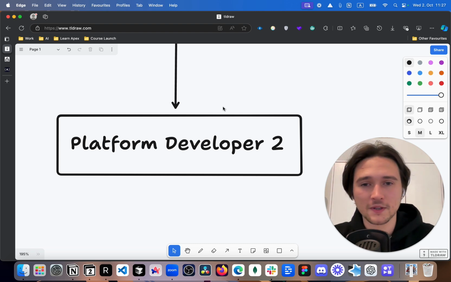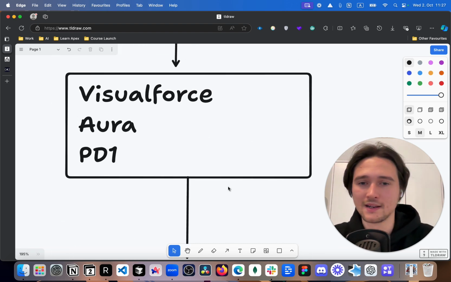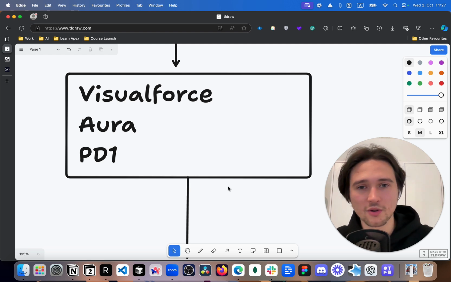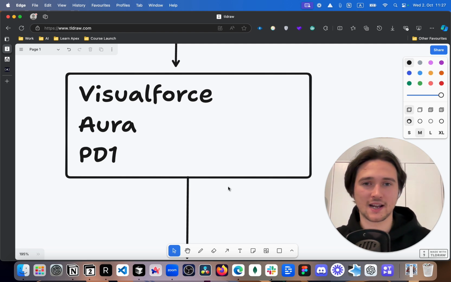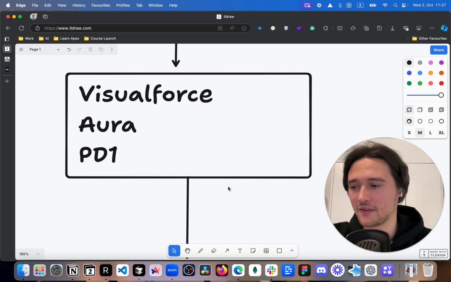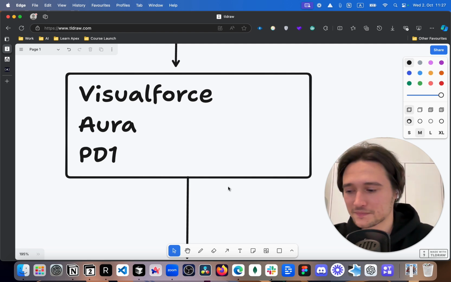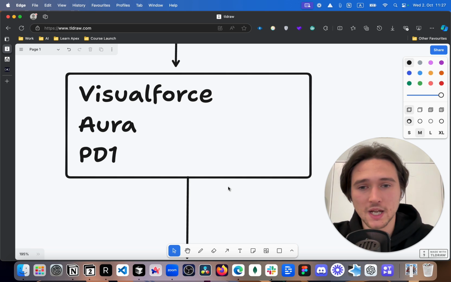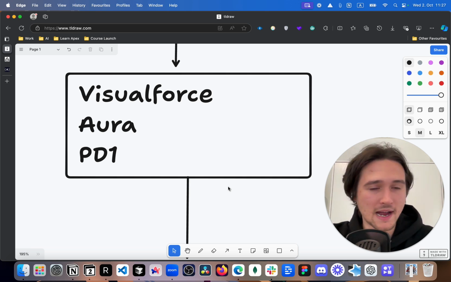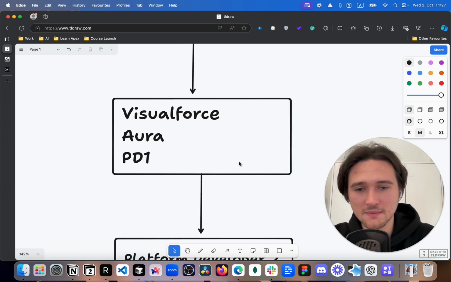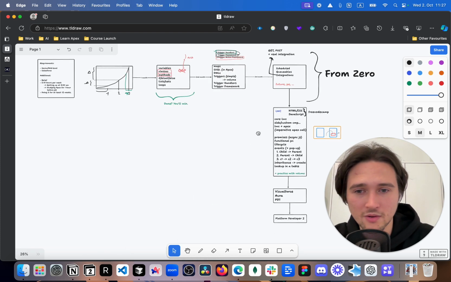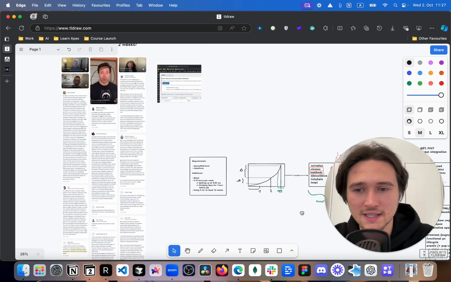It's different from Platform Developer 1. Platform Developer 1, literally everyone has it. Even people who don't know how to code have PD1, right? Because they needed it to get to the architect level in the hierarchy of those certifications. So PD1 is not such a big deal. Did you ever see me mention PD1 somewhere before? No, because we are focusing on building the skills, right?